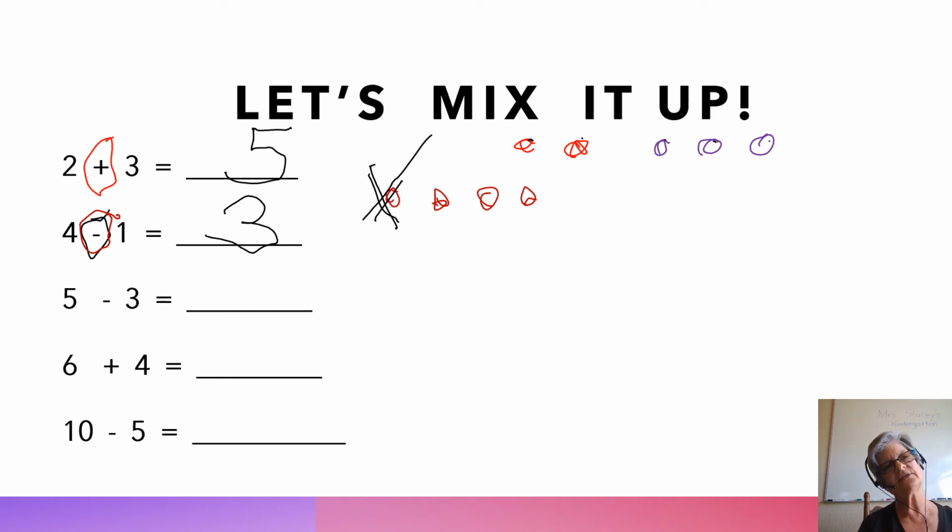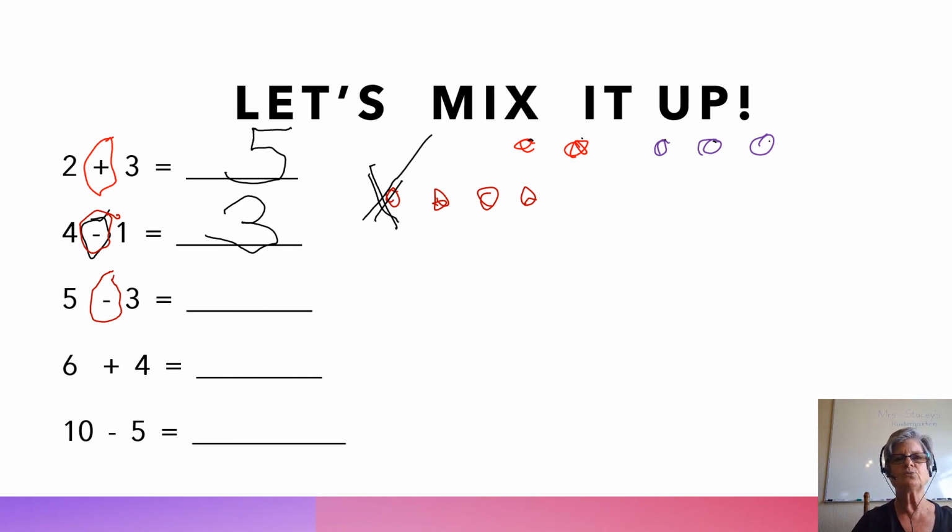Now let's go to the next problem below that. We have to decide if it's a subtraction number sentence or an addition number sentence. Let's look at it. It goes 5. Oh, look at that crazy thing next to it. That is what we call a minus or a takeaway symbol.